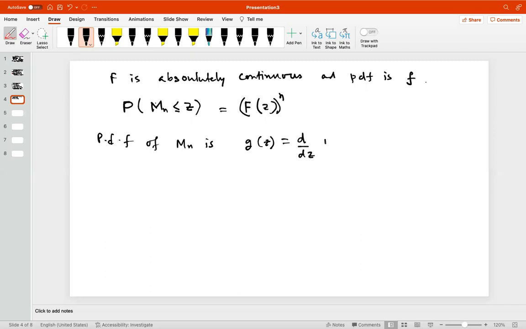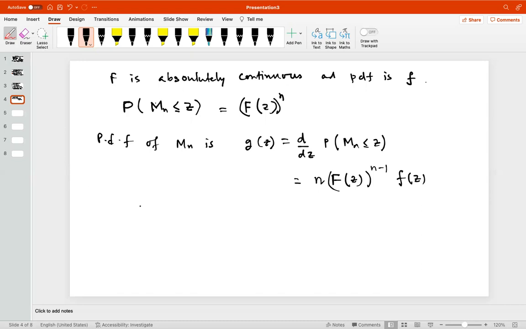We know the derivative of the distribution function is the density function. If you take the derivative, it is just n times F(z) whole to the power n minus 1, and the derivative of F(z) is small f(z), the common density of X1, X2, ..., Xn.